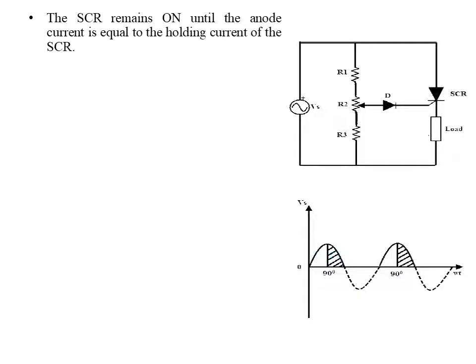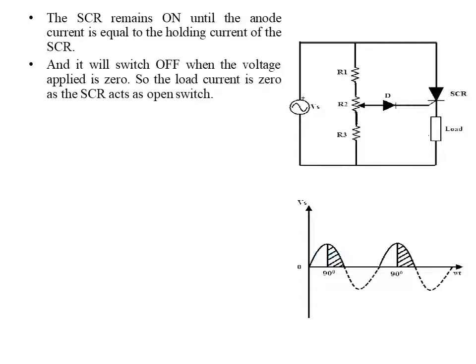The SCR remains on until the anode current is equal to the holding current of the SCR, and it will switch off when the voltage applied is 0, so that the load current is also 0, as the SCR acts as an open switch.